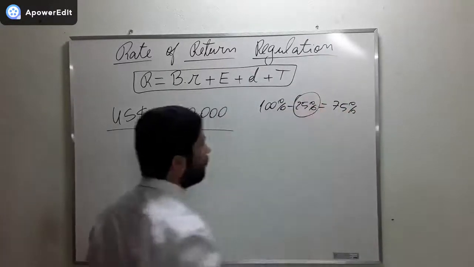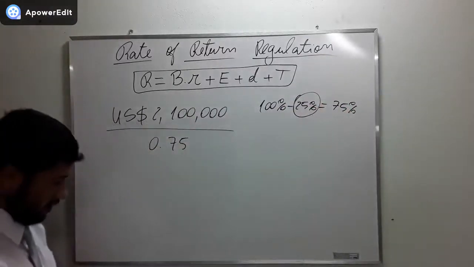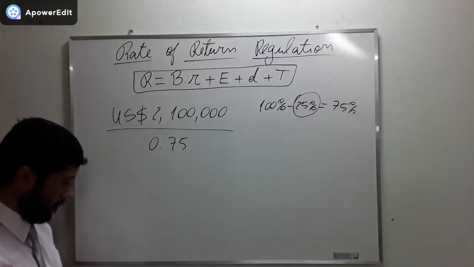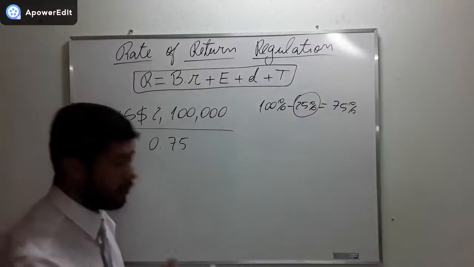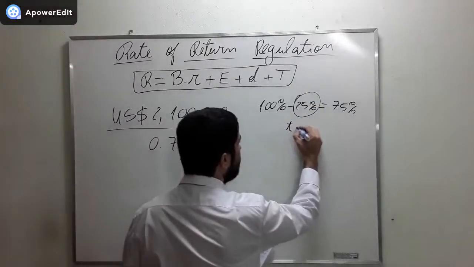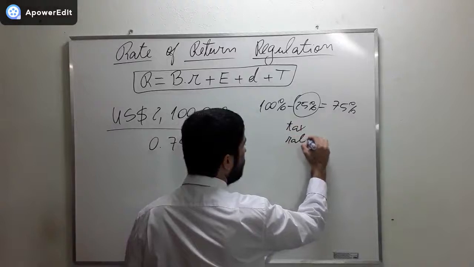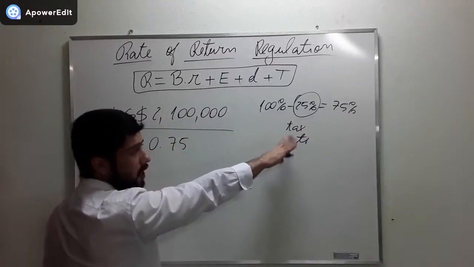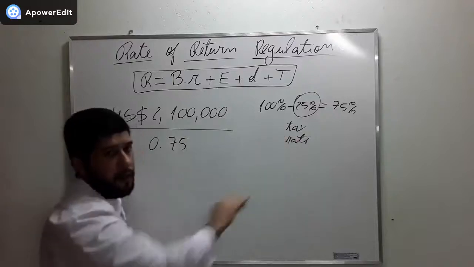And this 25%, if we return to the problem, we are going to see that this 25% is the tax rate. Okay, hold it, save this, and we are going to use this in a moment.